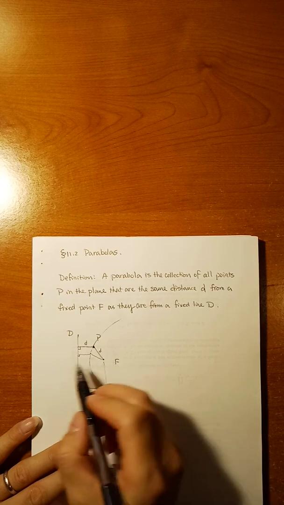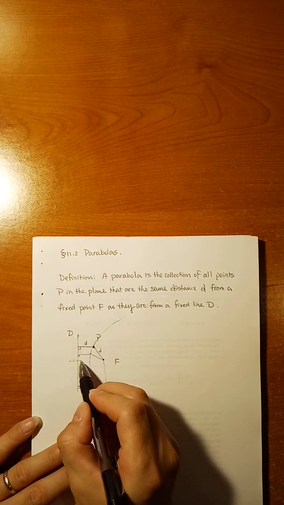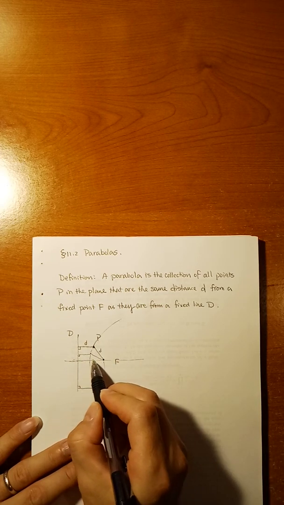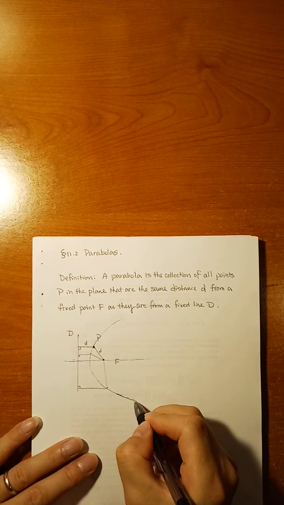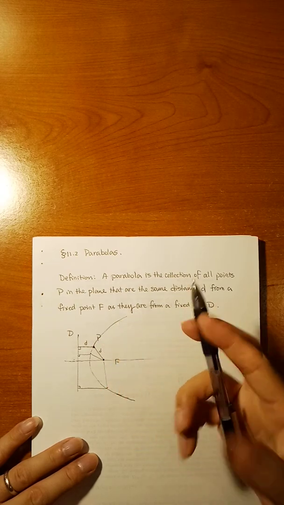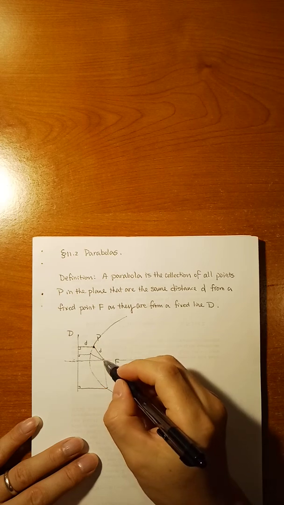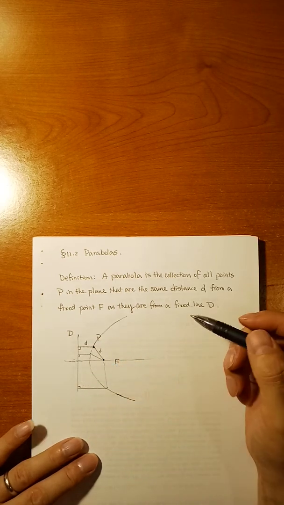Let's see. We draw the perpendicular line through the point here. This is the perpendicular line through this point, and you can easily understand that this parabola is symmetric about this perpendicular line. This perpendicular line is through the focus, perpendicular to the given straight line.